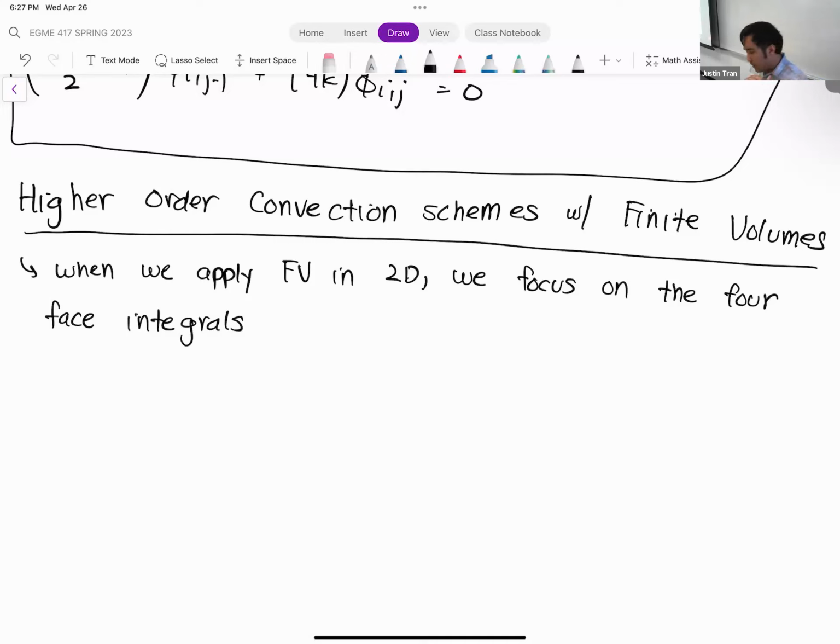We have one for the north side of the cell, one for the south side of the cell, one in the east, and one on the west. Let me show one here just for demonstration's sake. And so, for instance, on the east side of the cell, we have the following expression.